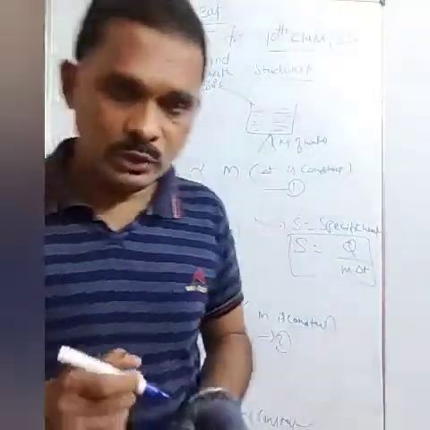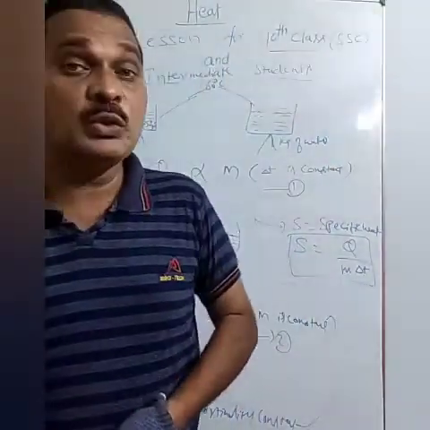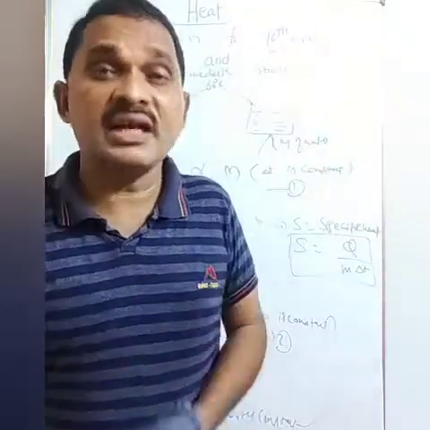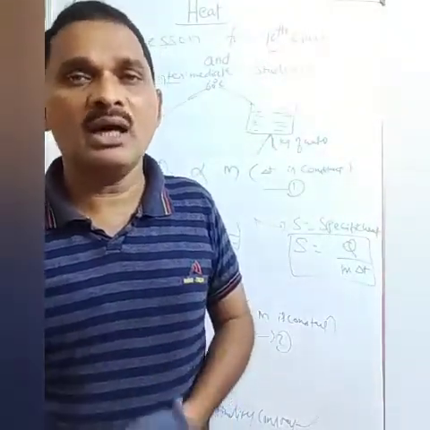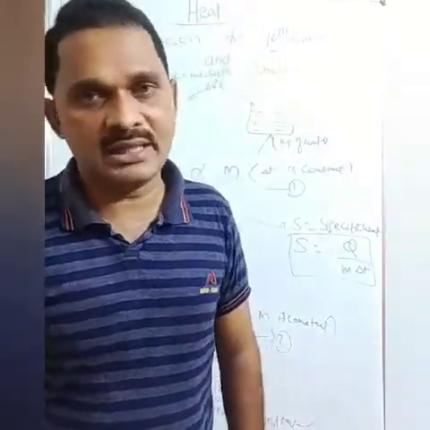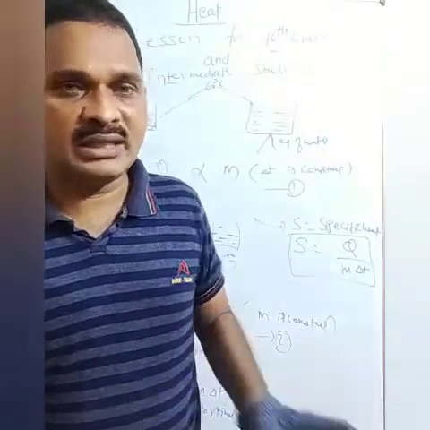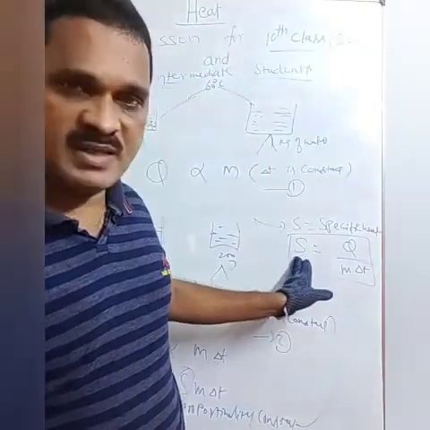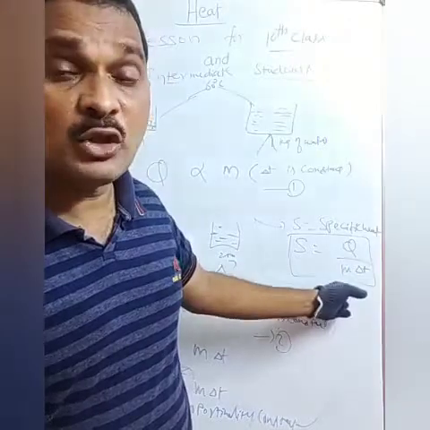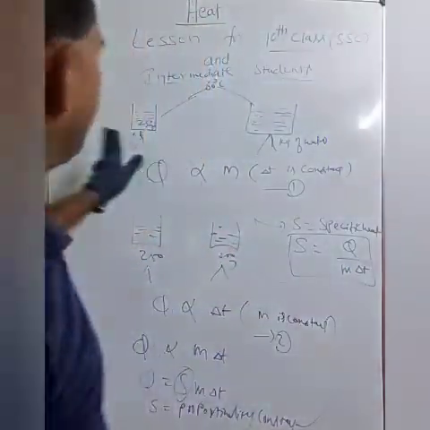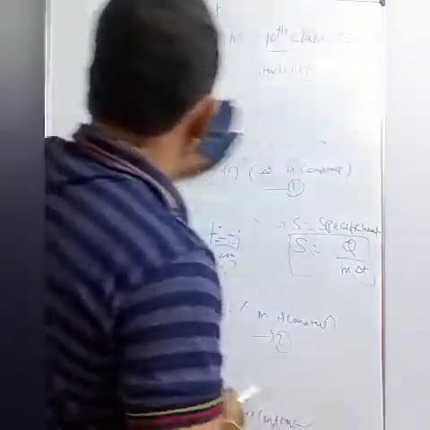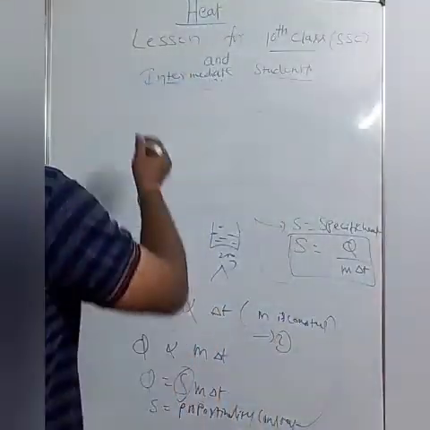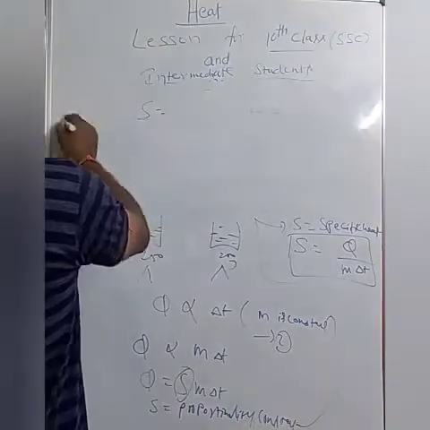Now we are going to write the units. If you know the formula, we can easily write the units for the subject. Here the subject is specific heat. First, the CGS units.